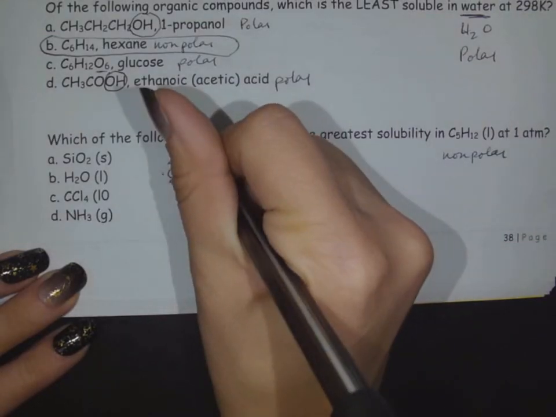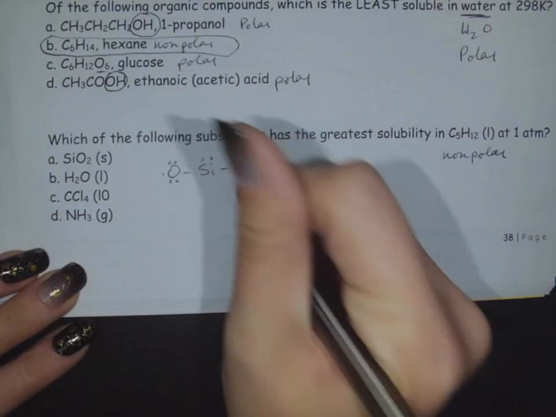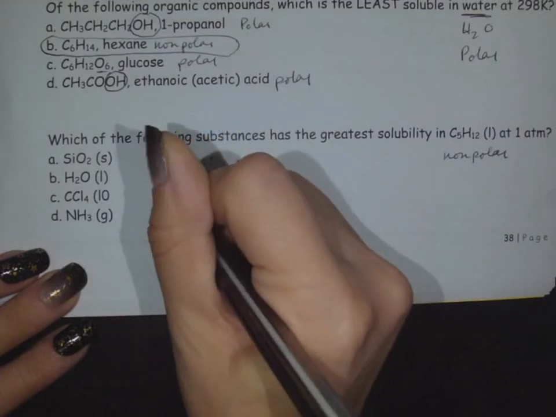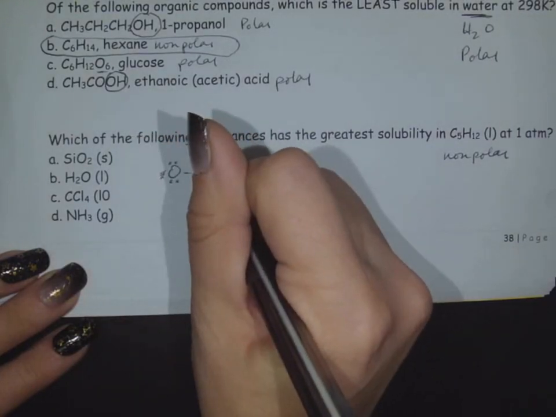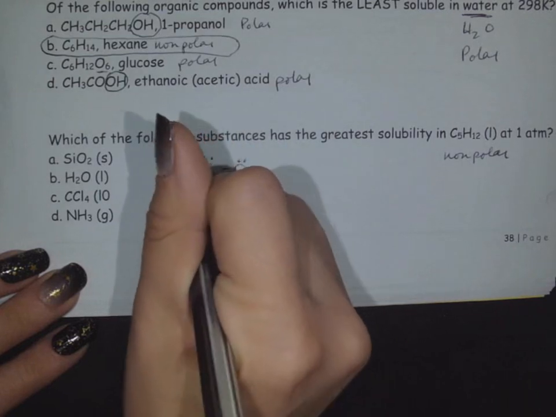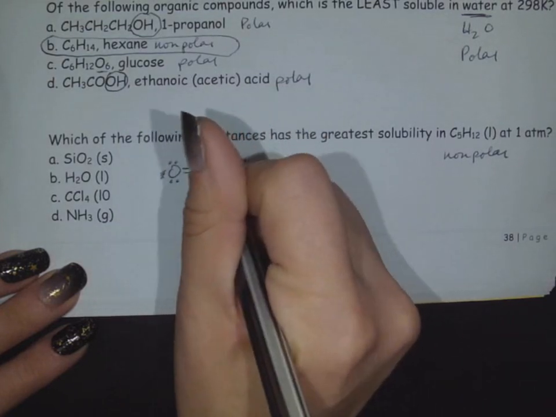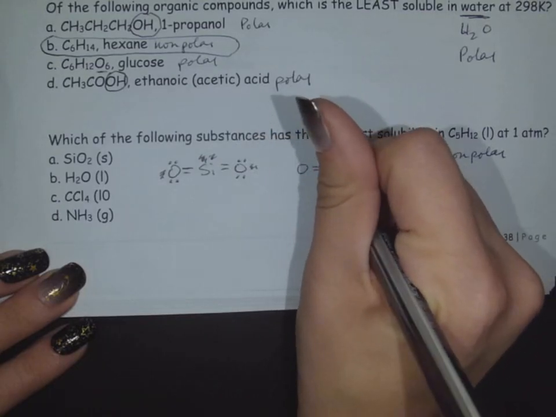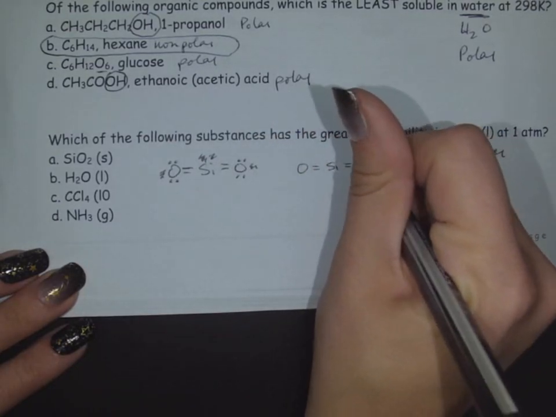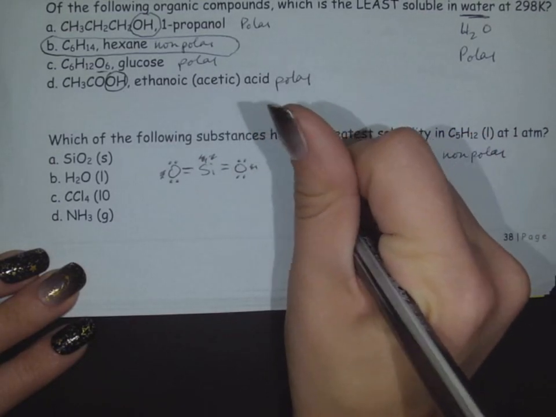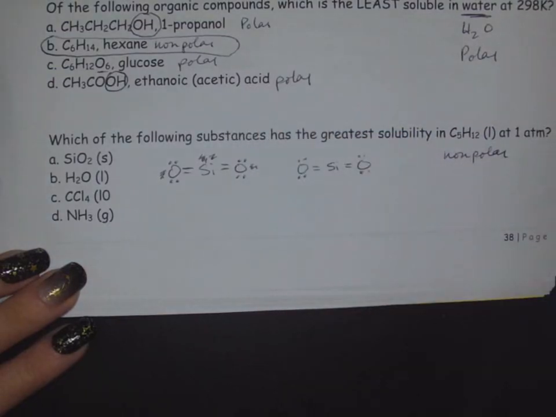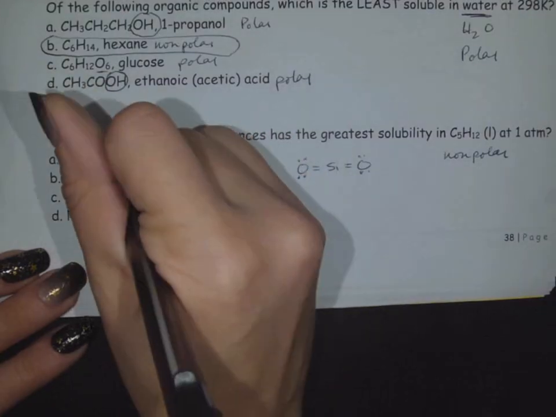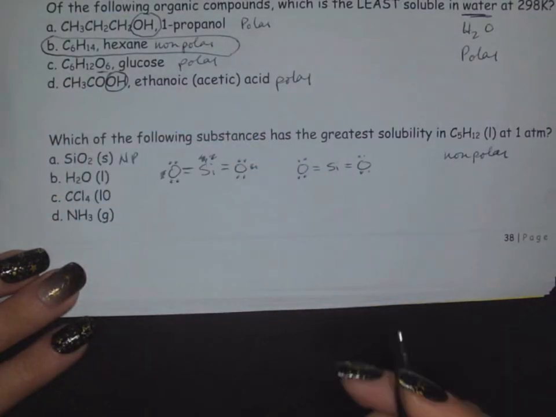Silicon has 4 valence electrons, so I'm going to start right here. But free radicals, we don't like free radicals, so I'm going to take this electron and one of them from silicon and turn that into a double bond. I'm going to do the same thing on the other side. So what we have is oxygen double bonded. That's symmetrical. So that's nonpolar. So this is nonpolar. This is also nonpolar.